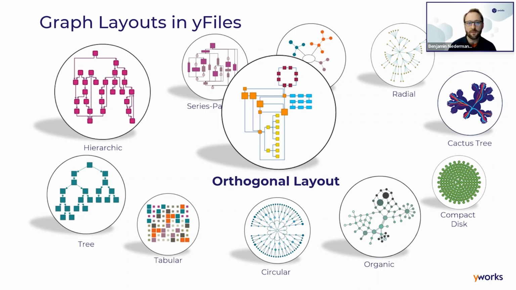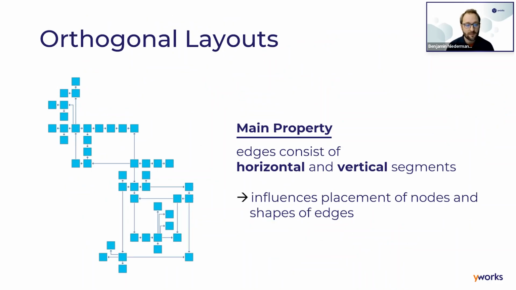But before that, I would like to first clarify what I actually mean by orthogonal layouts. The figure on the left-hand side already tells you this. With orthogonal layouts, I mean graph layouts where the edges are drawn such that they only consist of horizontal and vertical segments. And this assumption, of course, influences the positions and the placement of the nodes significantly, and also the shapes of the edges.